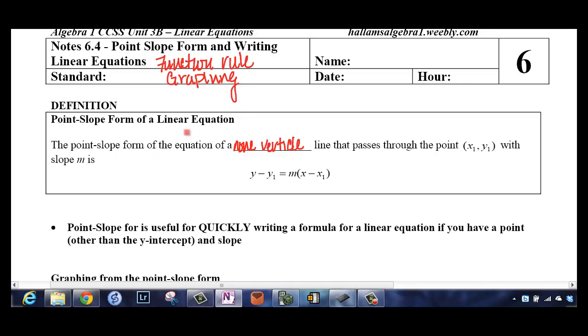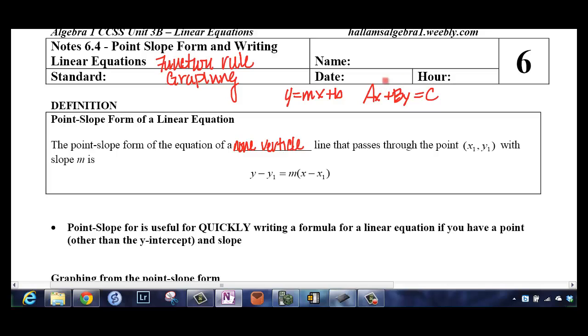So point slope form is a third form. This is the last form that you'll learn for linears. We've already learned slope intercept form, which should be our favorite, the most common one that we use: y equals mx plus b, where we've got slope for the m, and b as our y-intercept. And yesterday we learned standard form, which is ax plus by equals c.